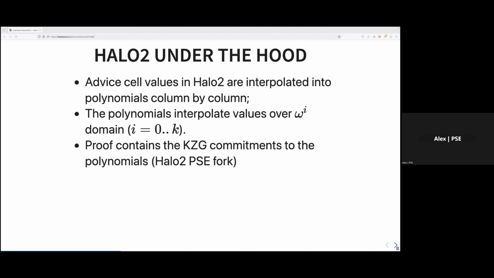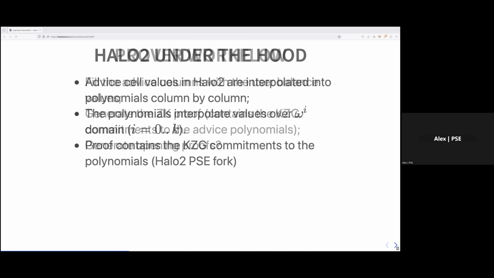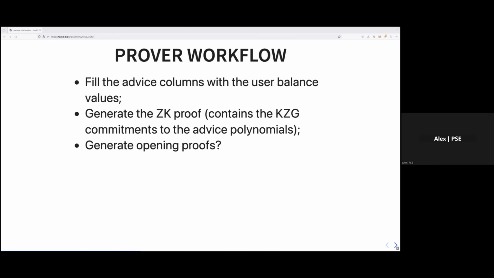So in this case, what the prover should do is fill the advice columns with user balance values, and then simply generate the zero knowledge proof. By doing that, the prover effectively interpolates the balance values into the polynomials and also produces the KZG commitment points.